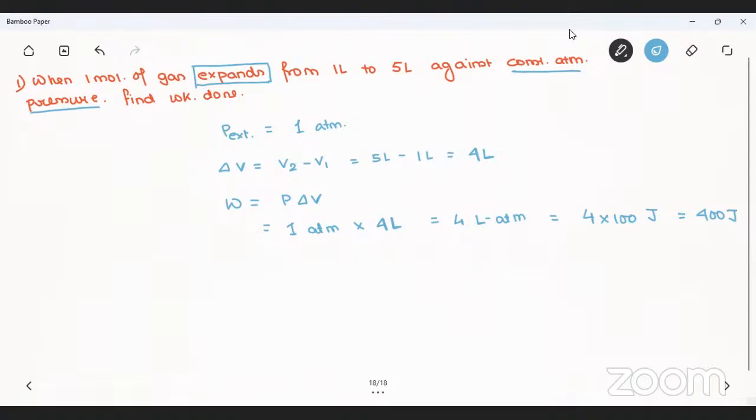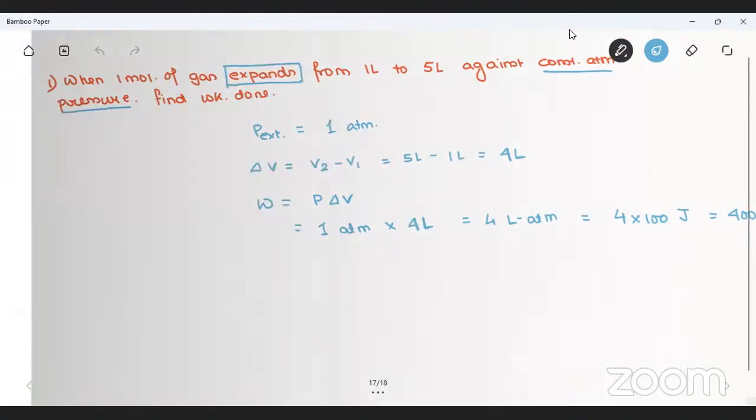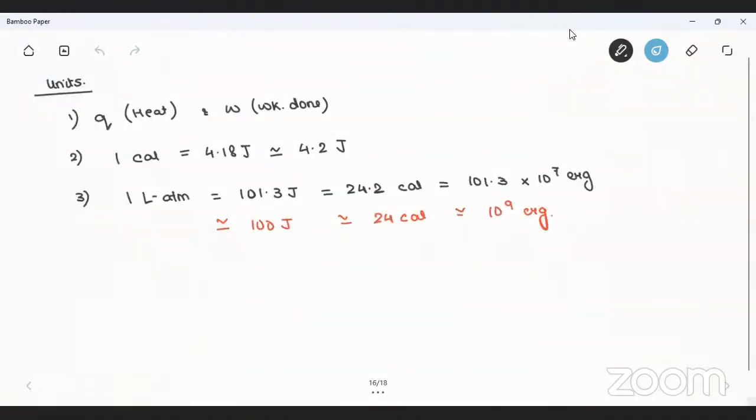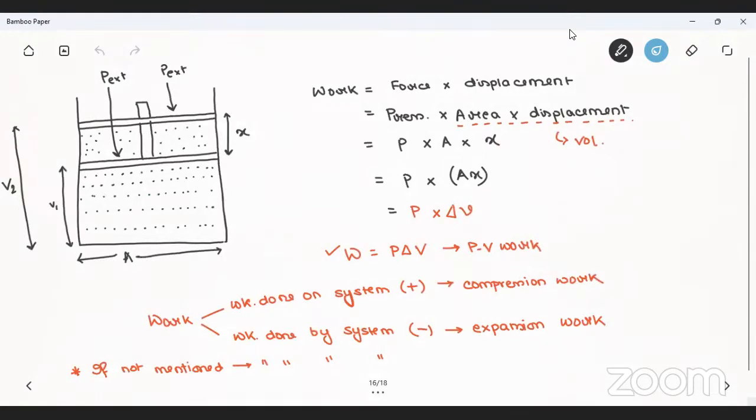Okay, see, read the question very well. When you are reading the question, it is said that the gas is expanding. I told you if expansion occurs, what happens? I just told you here that if the expansion occurs, you will get the final answer in negative.